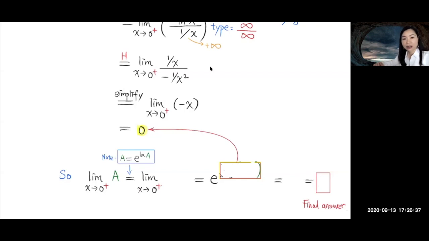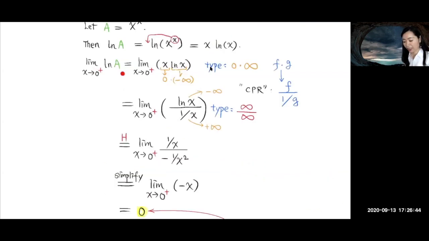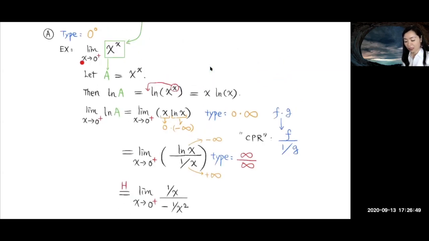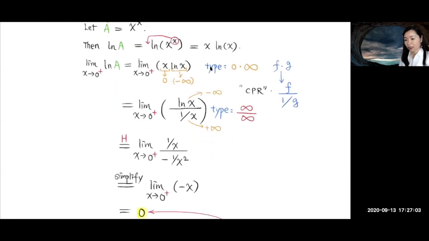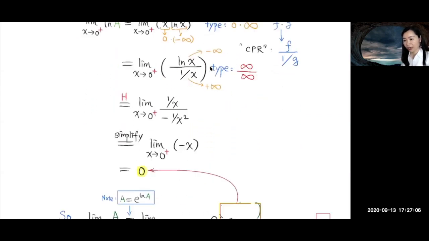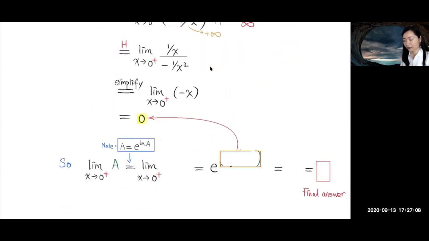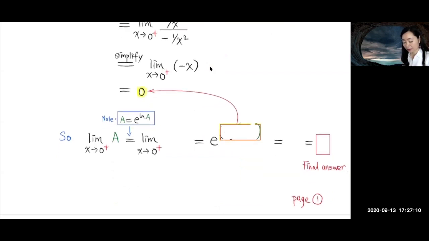This is not the final answer yet, because this is the limit of Ln of a. We're trying to find the limit of a, which is this quantity here. We found that the limit of Ln of a is 0. Now we're going to relate this to the limit of a.